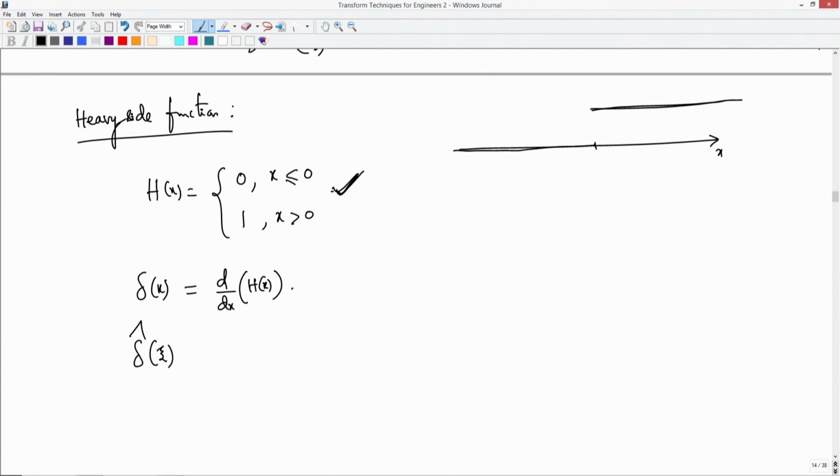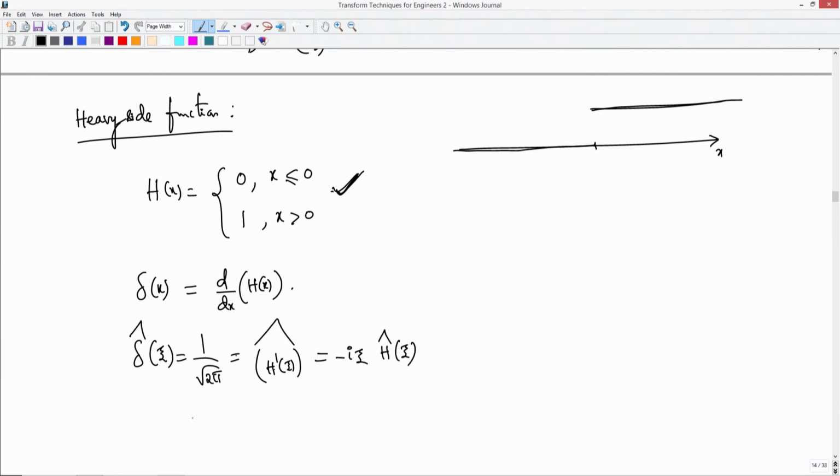We know that the Fourier transform of the delta is 1 by root 2 pi. So, the Fourier transform of this derivative, that is, the Fourier transform of H dash of x evaluated at xi, is 1 by root 2 pi. But I know that this is actually equal to i xi times h cap of xi.